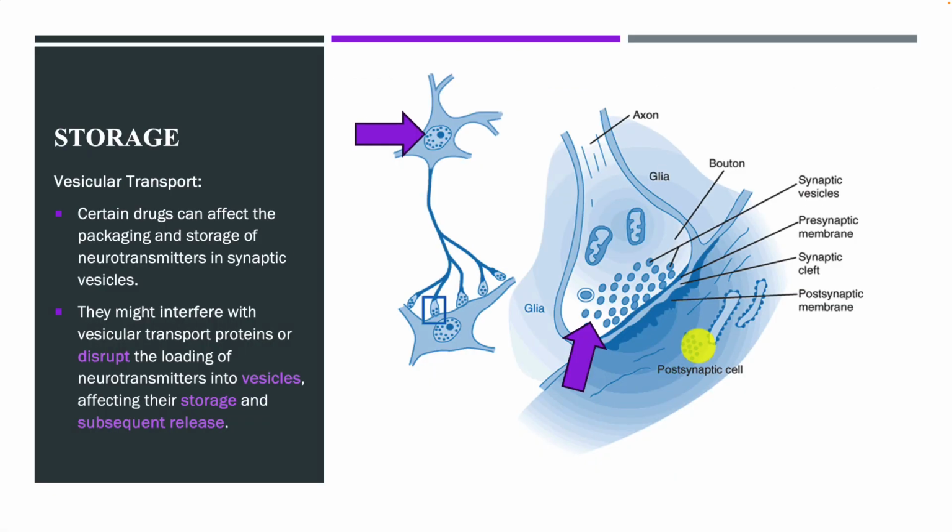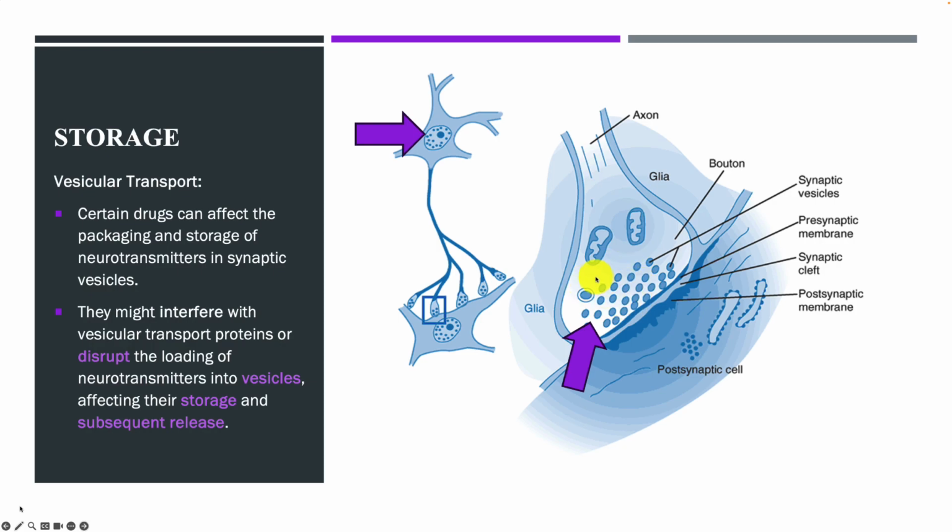So another sort of target for medication is storage. So you can see here that we can increase the storage of certain vesicles in the neuron. We can increase the storage of neurotransmitters in there. So you can see here we have a lot of vesicles that are kind of populated within this neuron here.